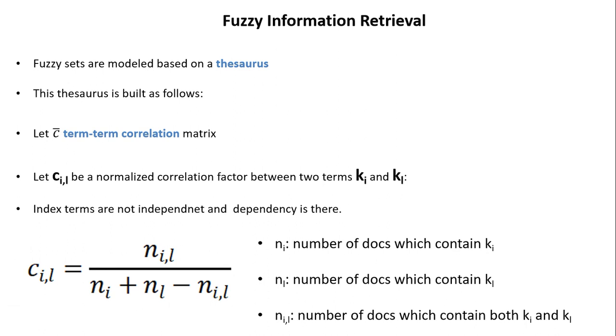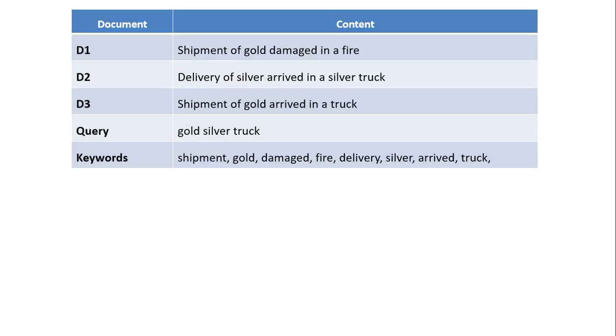Here ni is the number of documents which contain Ki, nl is the number of documents which contain Kl, and nil is the number of documents which contain both Ki and Kl, where Ki and Kl are nothing but the keywords. So all these equations will be cleared with the example. Our first step is to create the term-term correlation matrix. Now we will start with the example, and we will take the equation and example simultaneously to understand the concept.